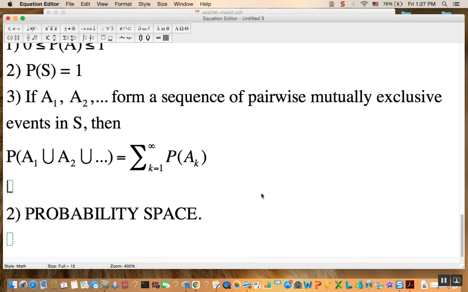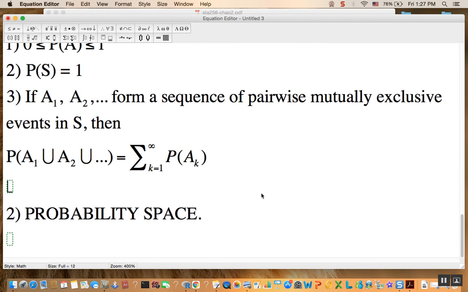Finally, after providing the formal definition of a probability function, we are prepared to talk about the concept of a probability space. So, in another video we talked about the definition of a random experiment.